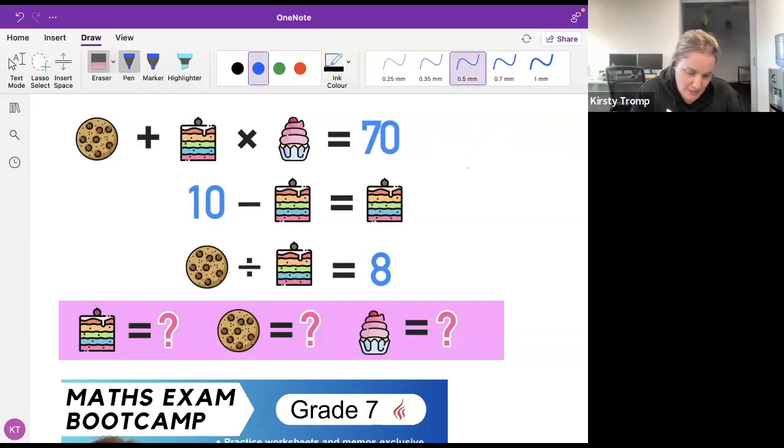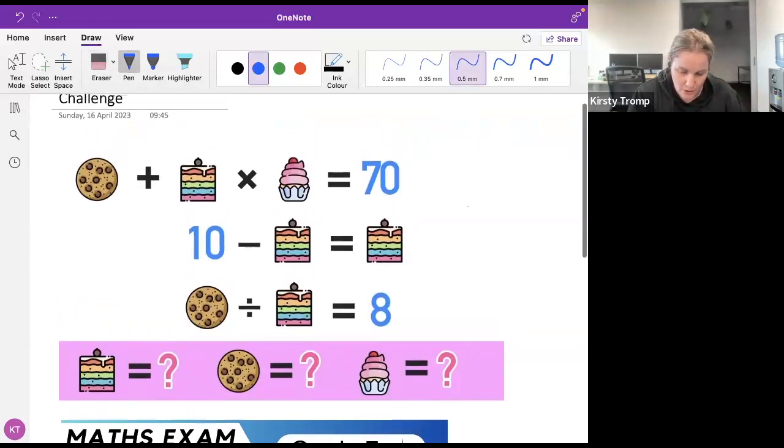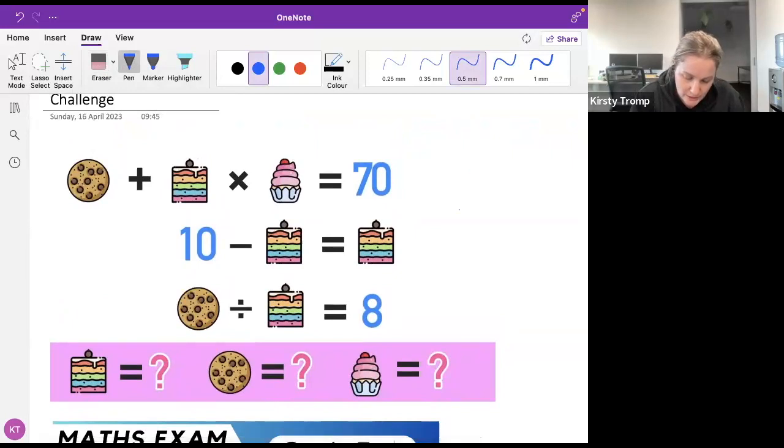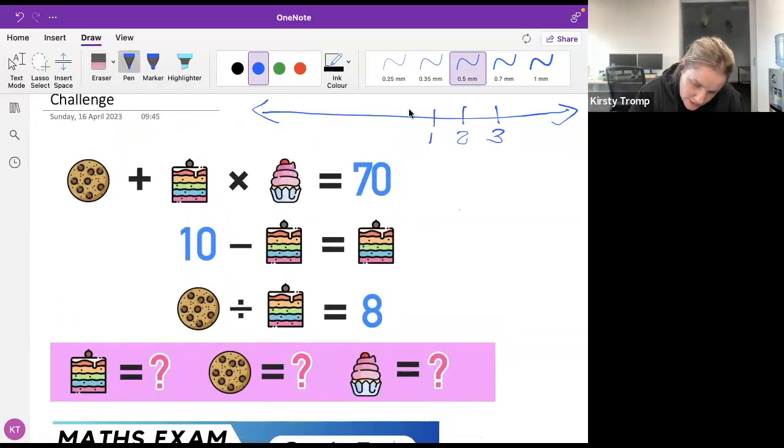Let's find some more space for it, because I can see people are really working hard on this, so I don't want to move it out the way. So, bigger number line. I have 3, then 2, then 1, then 0, -1, -2, -3. Are we happy with those numbers? Yes, ma'am.